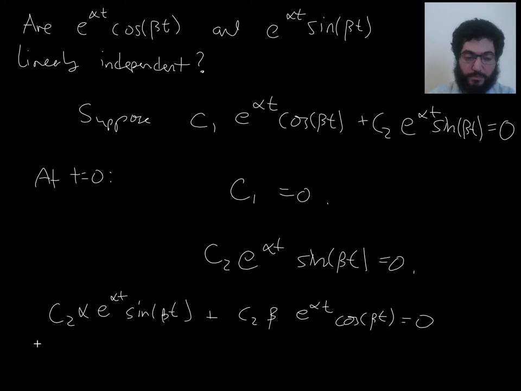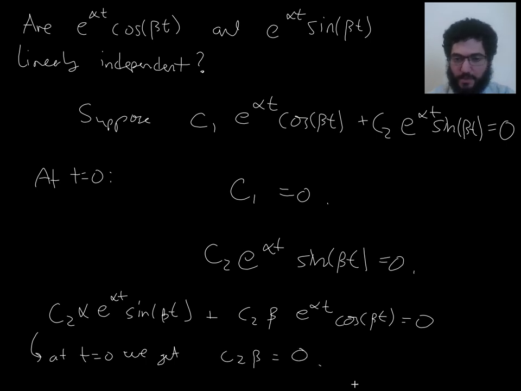And then plug in t equals 0 for that. This term dies because it has a sine, and the cosine is 1, and then this is 1. We get C2 beta equals 0, right? And if beta is non-zero, then we get C2 equals 0.